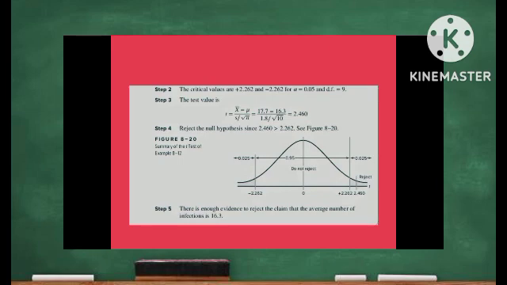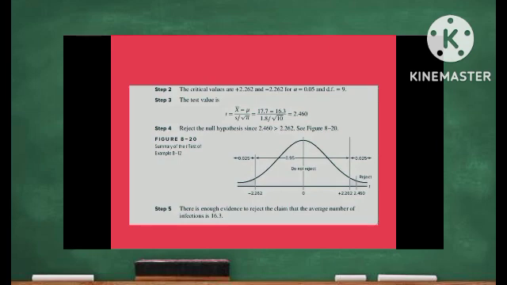Our sample mean is 17.7 minus our mean, 16.3, over the sample standard deviation of 1.8 divided by the square root of our number, 10. Calculating, our test value is 2.460.